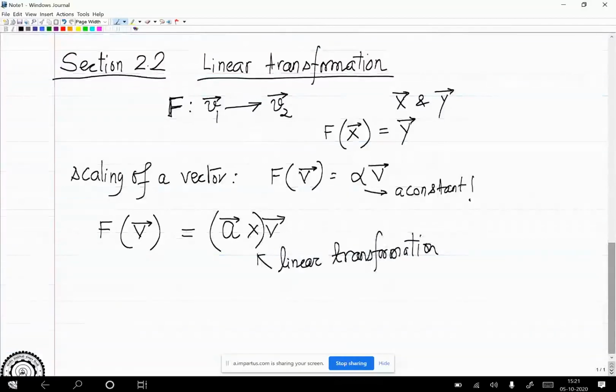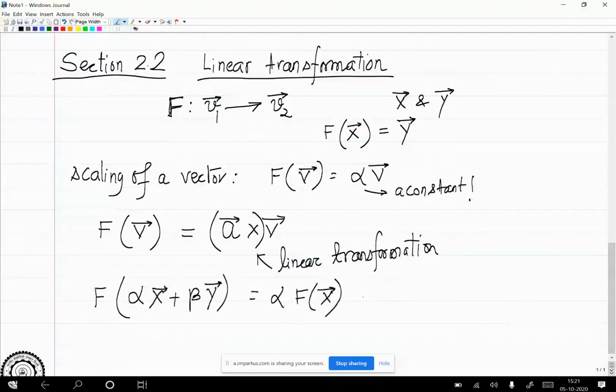Then the question is, what's the property of a linear transformation? You see, as the name suggests, linear, it means that f of (alpha times x plus beta times y) is simply alpha times f of x plus beta times f of y.